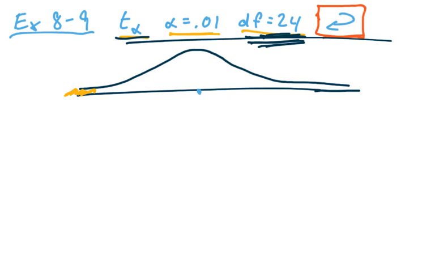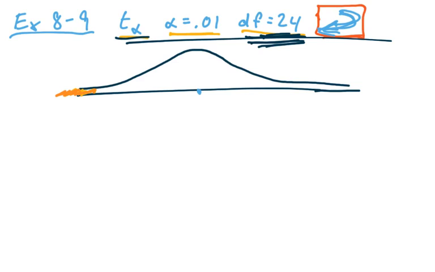And since it is a left-tailed test, we are of course shading in the area underneath the left tail of the graph.